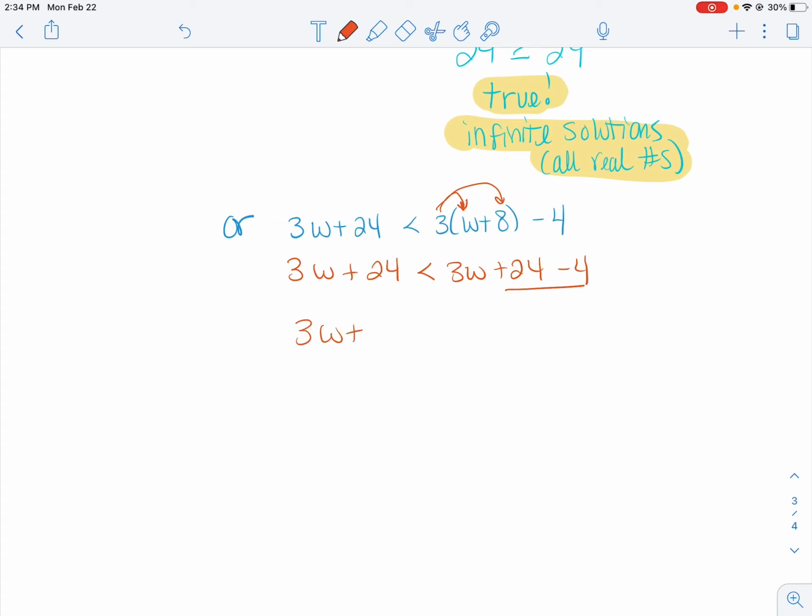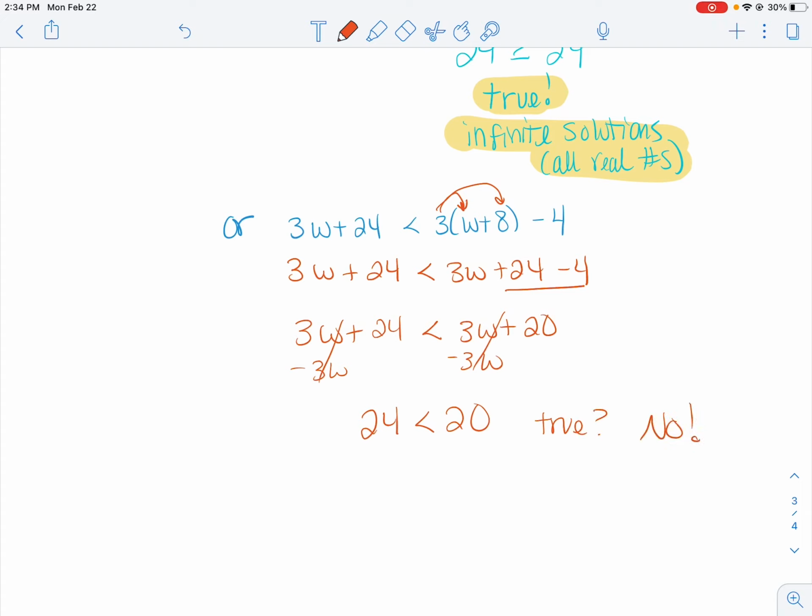So 3w plus 24 is less than 3w plus 20. Take away 3w from both sides. 24 is less than 20. Is that true? No, 24 is never going to be less than 20, so this is a no solution situation, right?